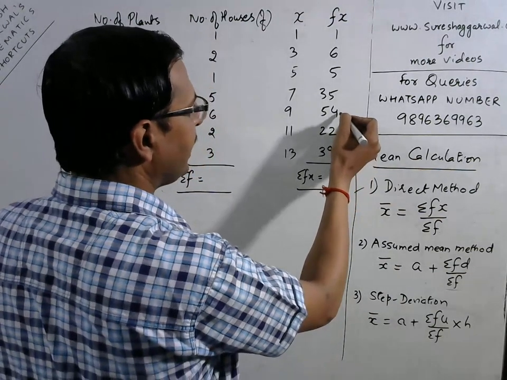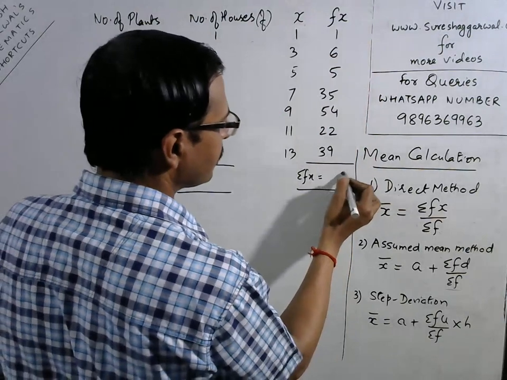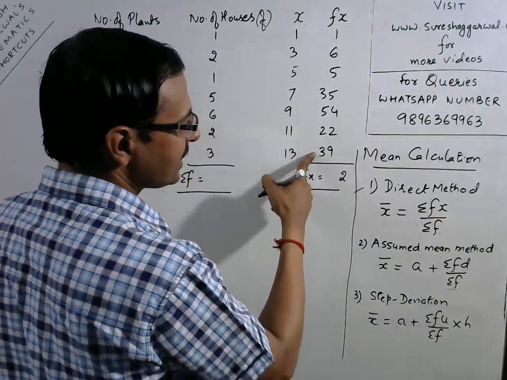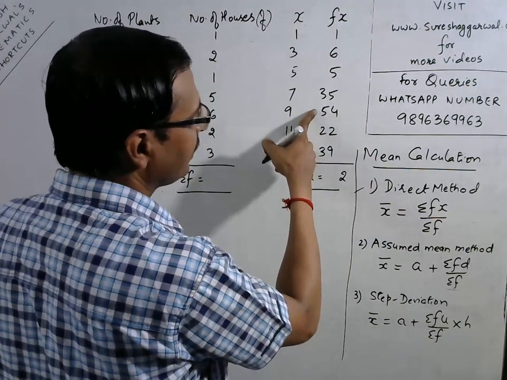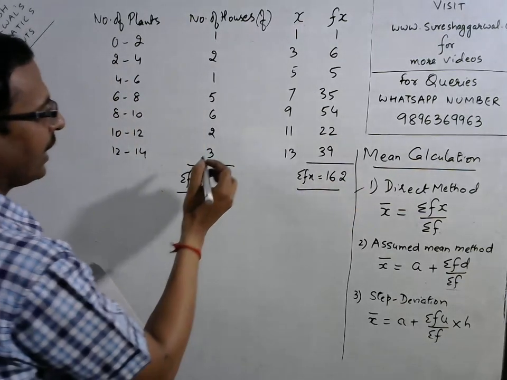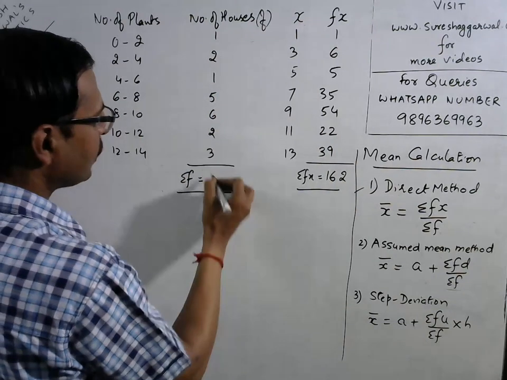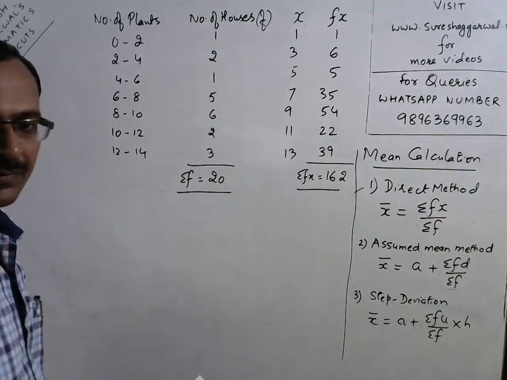9, 11, 15, 20, 25, 31, 32. So 2, 3, 3, 6, 8, 13, 14, 15, 16. So 162. And if you total this up, 4, 9, 15, 20. So we have 20 here.